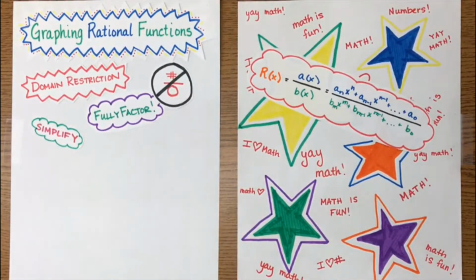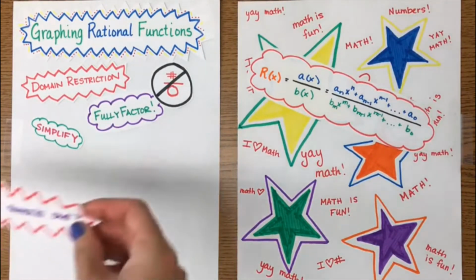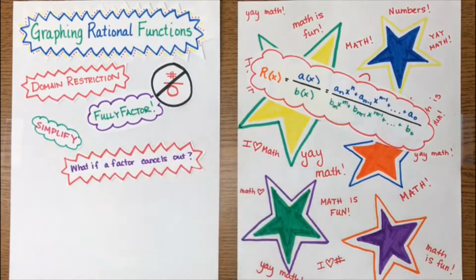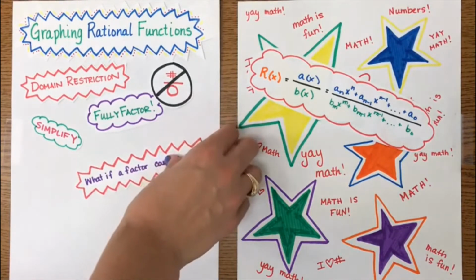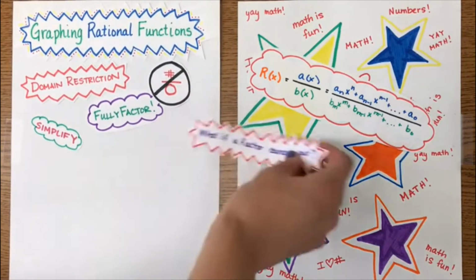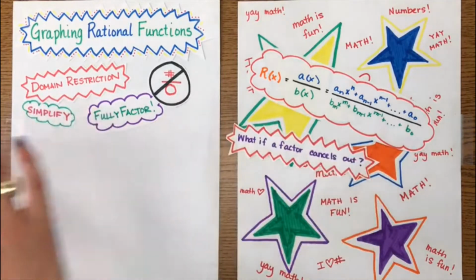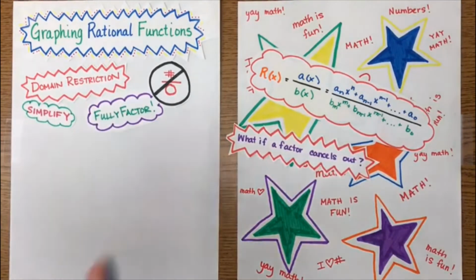And when we simplify, we come to the question of what happens if a factor cancels out? So we're going to look at an example here to figure that out.